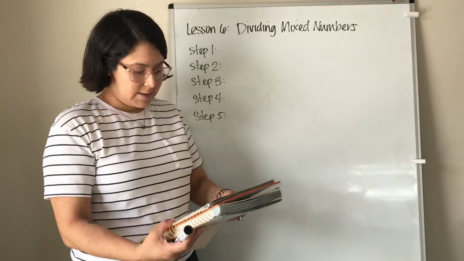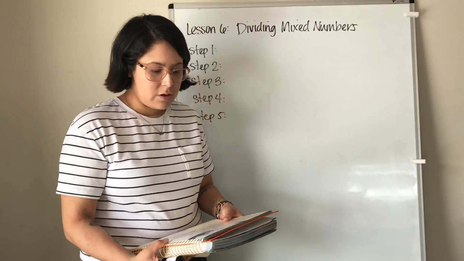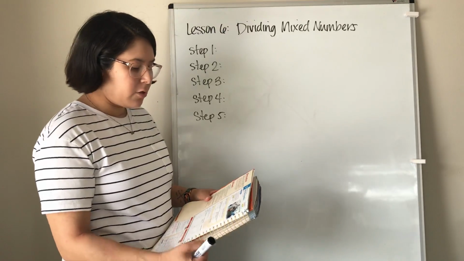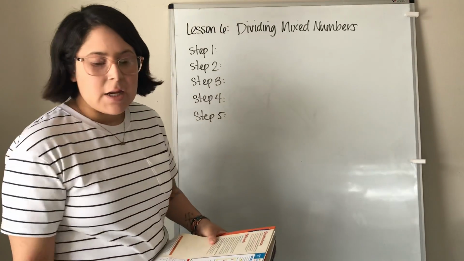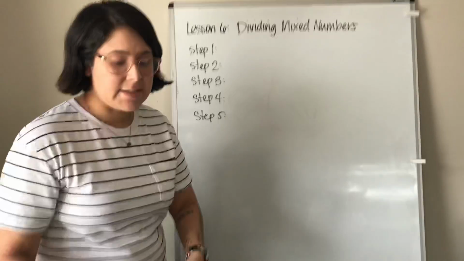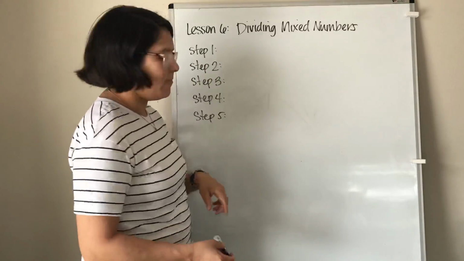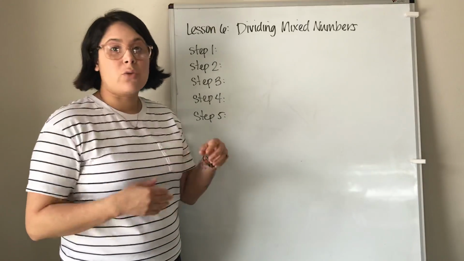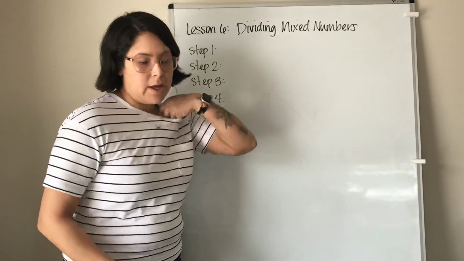So we're on lesson 6, page 324. I'm not going to read the word problem here, but what we're going to do though is write down the steps. So we have 5 steps, and again, you're going to see these layer on top of each other. So we already know what these steps are, okay?